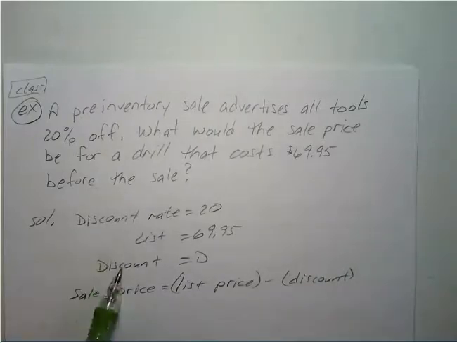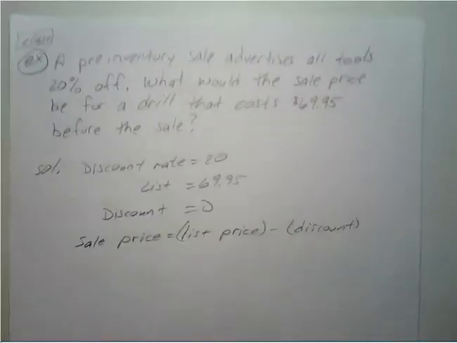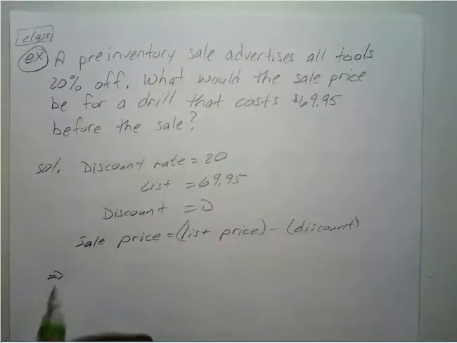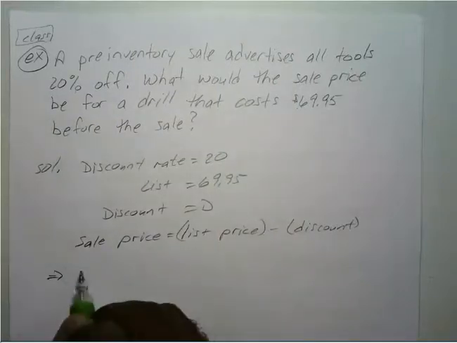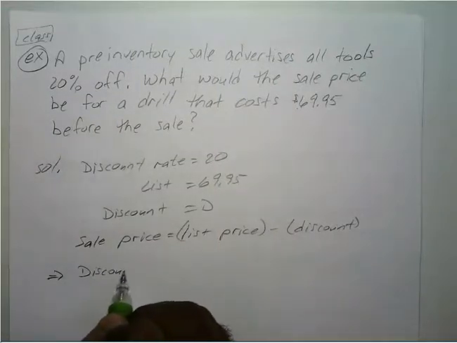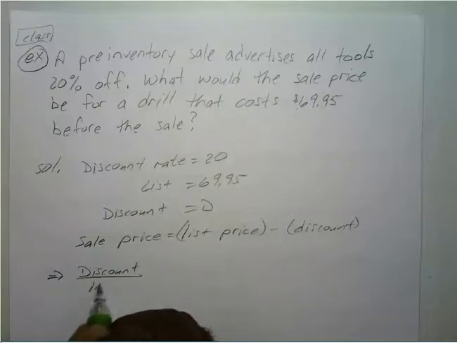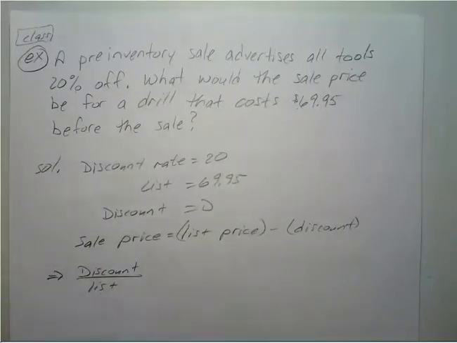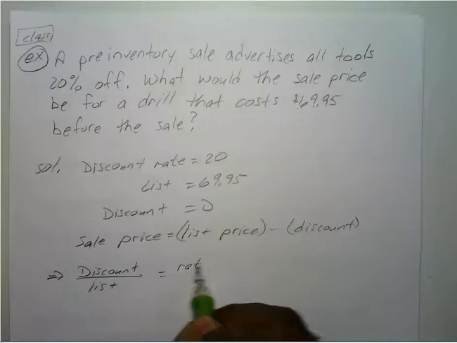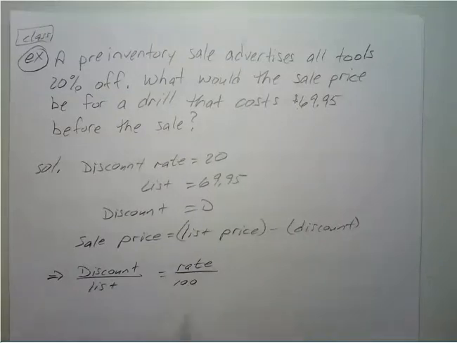Okay, so all the information up here is enough to find the discount, and once we find the discount, we can find the sale price. All right, so let's go ahead and use our formula where we have the discount divided by the list price is equal to the rate over 100.